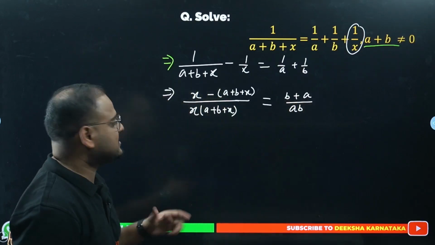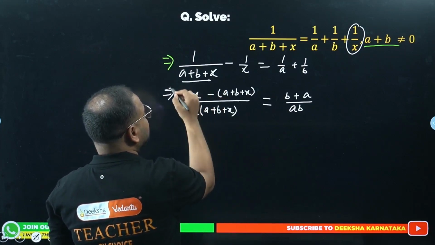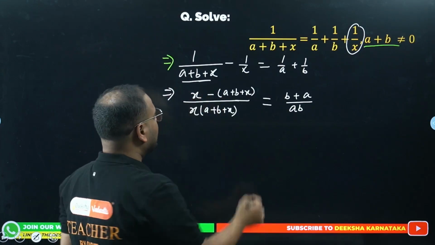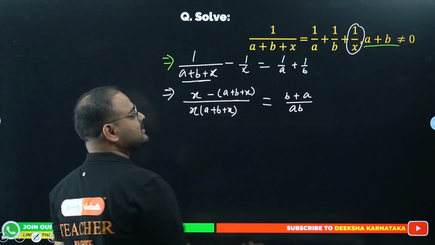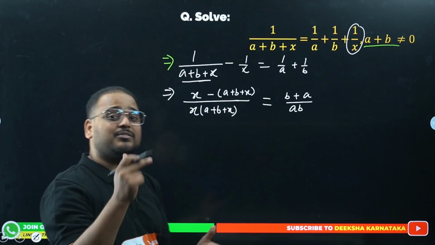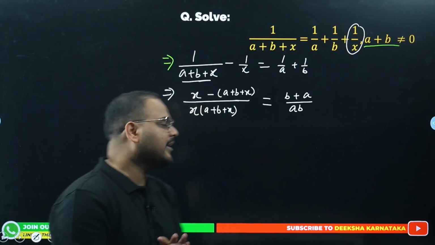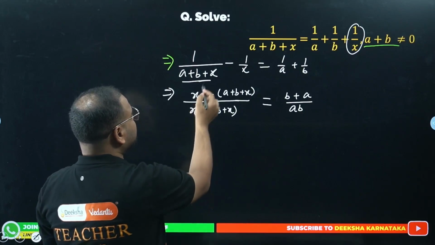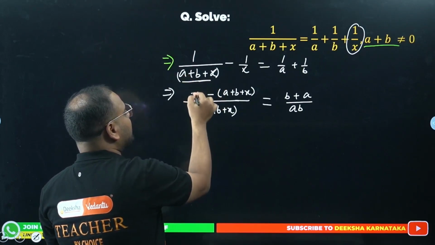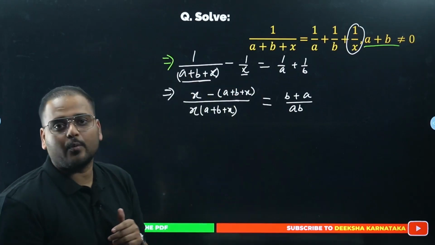Over here x was missing, so I took x in the numerator. Over here a plus b plus x was missing, so I took a plus b plus x as numerator. Why? Because of the rule of making equivalent fractions. Whatever is the denominator, we have to make it equal. So x was missing from the denominator over here, so I multiplied with x, and here a plus b plus x was missing. I hope you all know it.